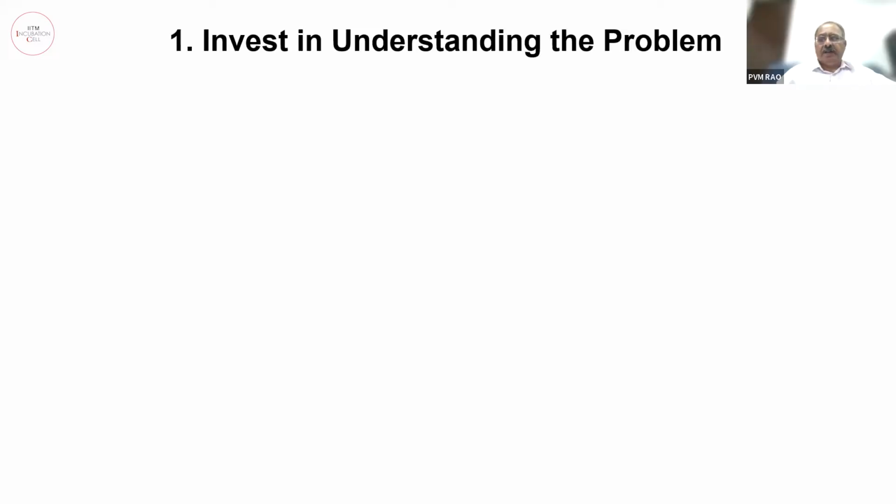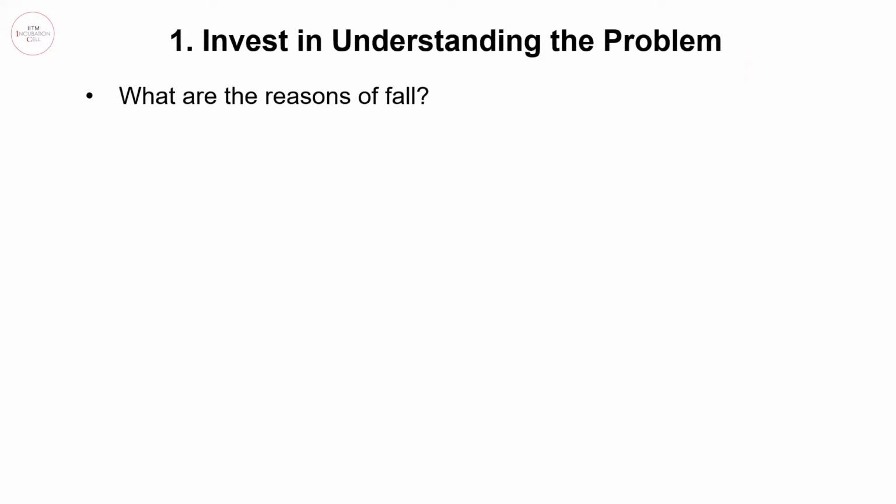Now, if I look at a problem such as this, there can be a lot of questions which can be asked. Like, for example, a very basic question which some of you also mentioned is, what are the reasons of fall? What are the reasons because of which elderly fall? Itself could be a question.